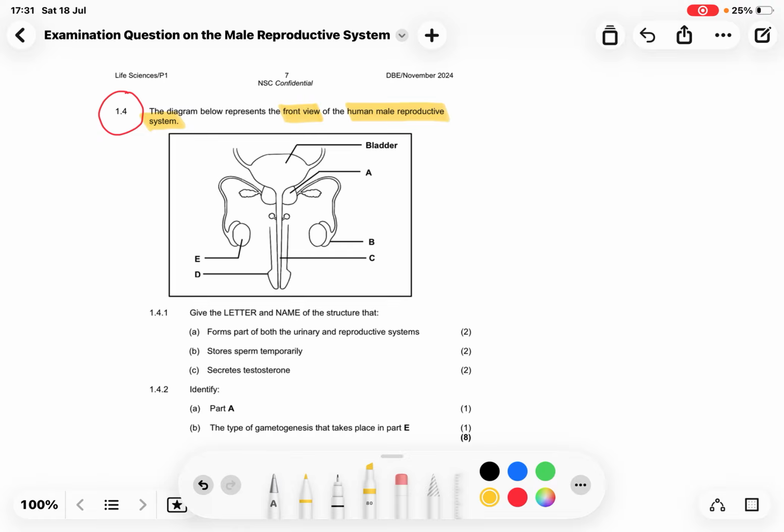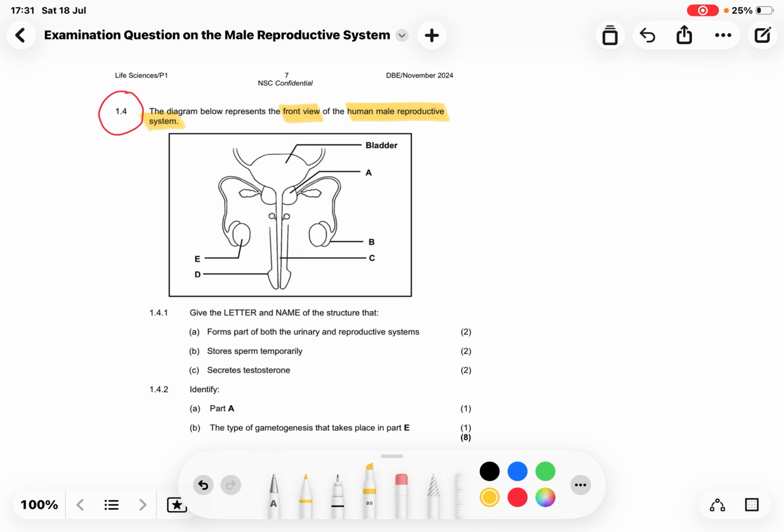And I encourage you to familiarize yourself with both views because you never know which one will be presented in your exam. So today, here we are. We are presented with the front view. Make sure you understand both views.